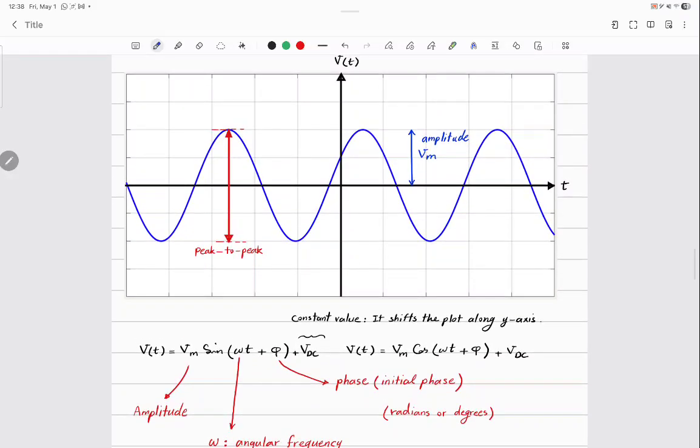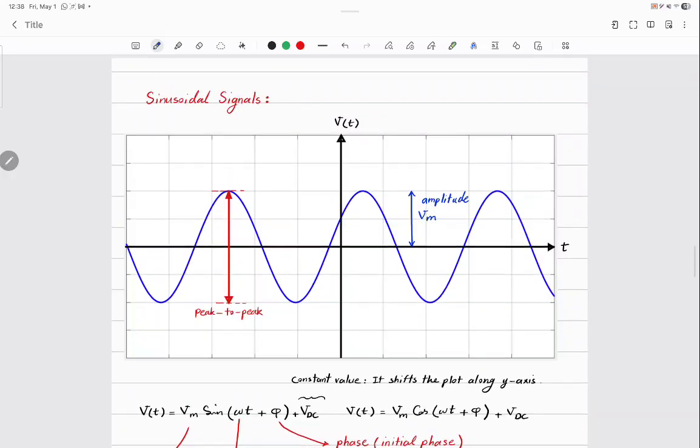the parameter that is in front of sine and cosine, Vm, is called the amplitude. Okay? It's a measure of how your signal is stretched along the vertical line. But the textbook definition of that is the peak-to-peak value of the signal divided by 2.